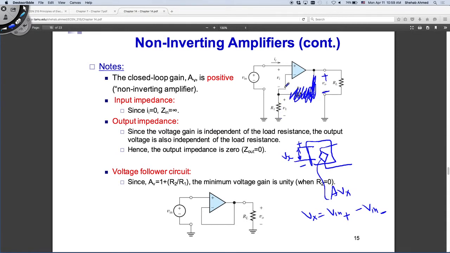So what is the voltage? The same as the voltage here, right? So the voltage here is 0. How about the voltage here? It's V input. The voltage here is V input. So the value of Vx is V input minus 0. So Vx has a value.